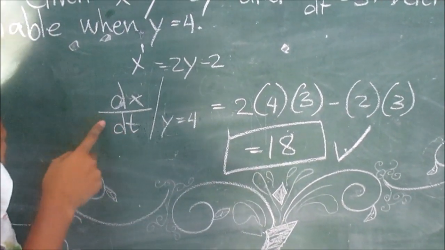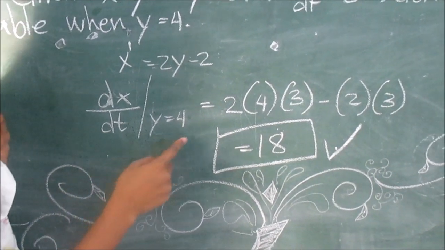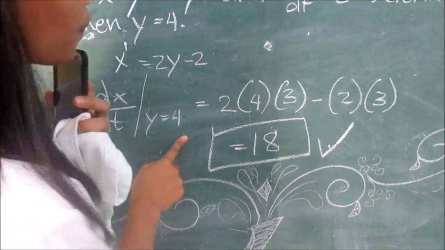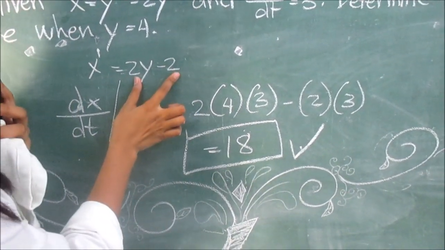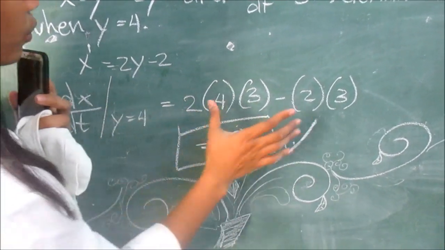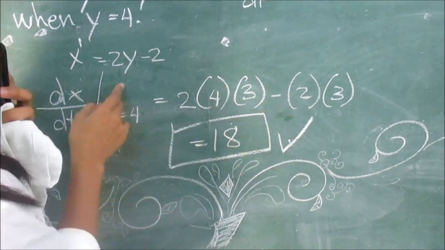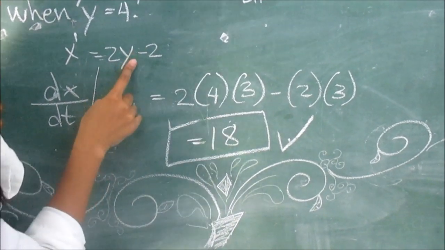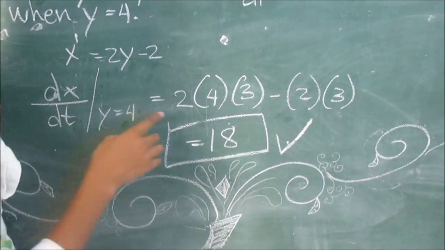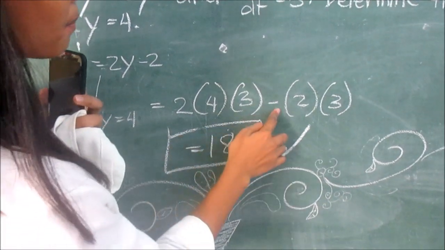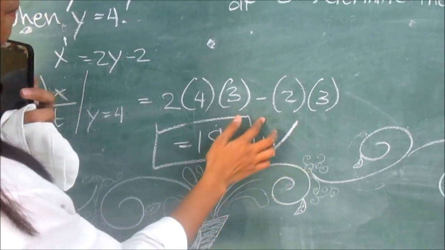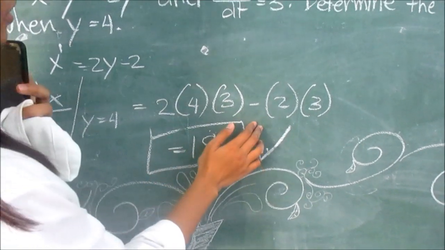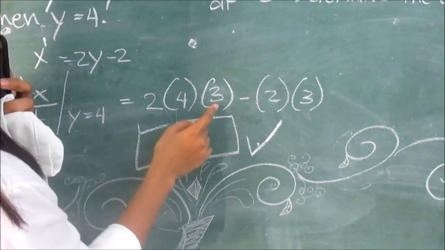Next, dx over dt as y is equals to 4. So, we need to use this equation here. We need to substitute y by 4. So, 2 times 4, then minus 2. But before we compute the final answer, we need to multiply it by 3.